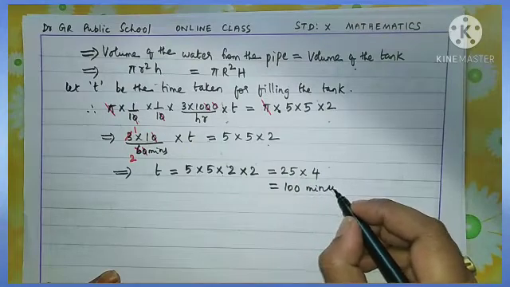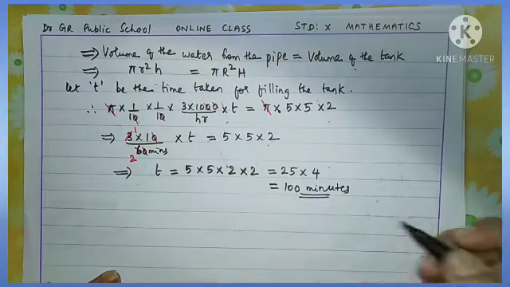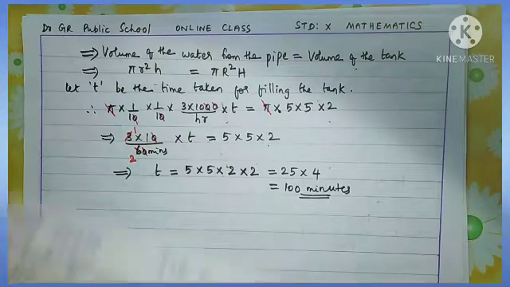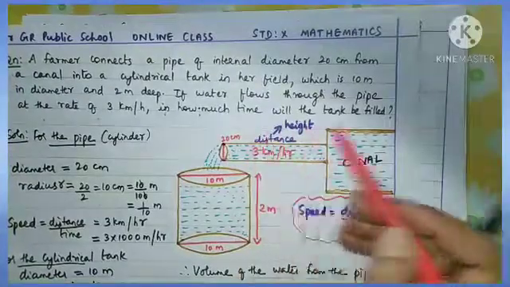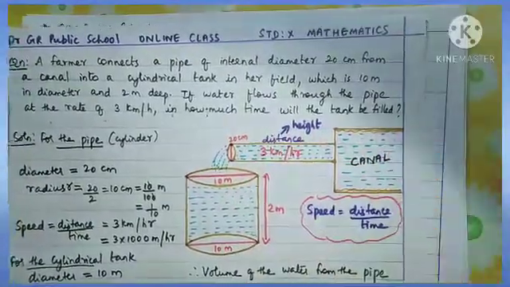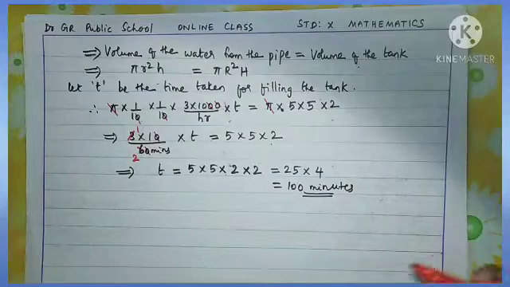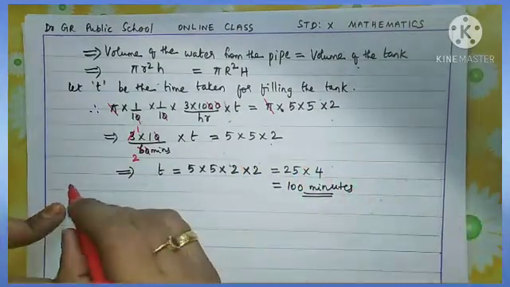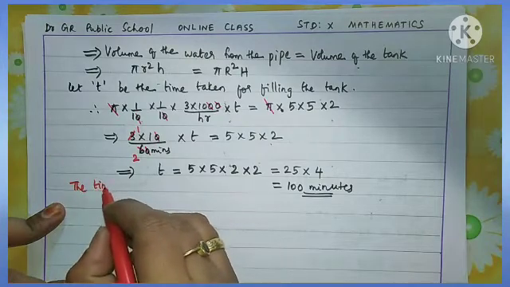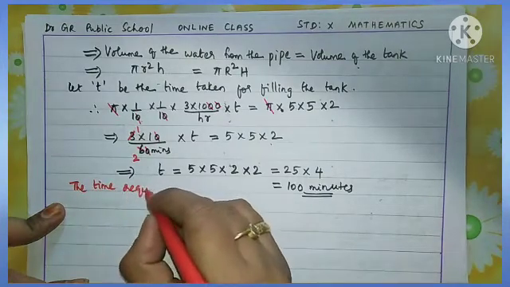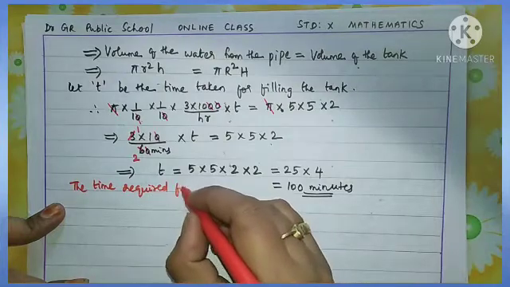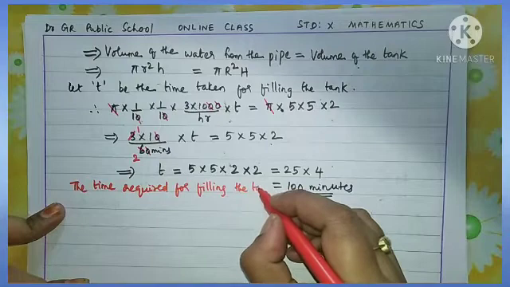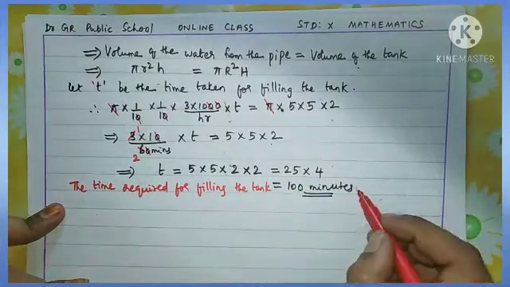So 100 minutes. Okay children, so what is our question? How much time is required for filling the tank? So how to write the final answer? The time required for filling the tank is 100 minutes.